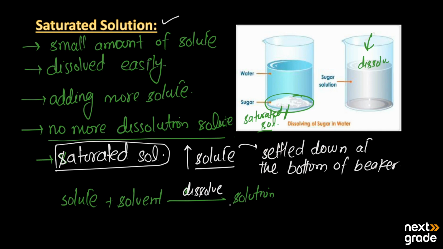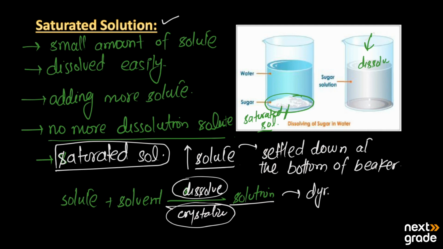When there is more solute in the solvent, it may crystallize out. So the amount of solute dissolved and the amount of solute that crystallizes out may be in equilibrium with each other, and that is known as dynamic equilibrium, as the two states are in equilibrium with each other.